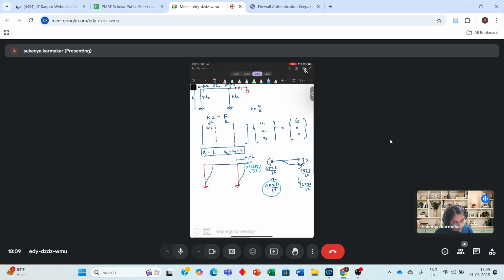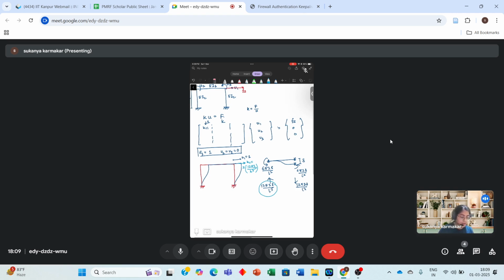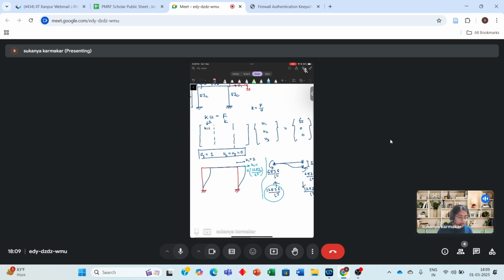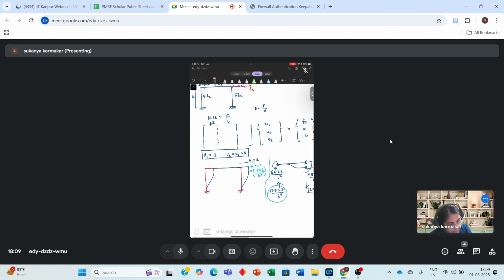K11 will be this because there are two columns, which is why we have a factor of 2. From the knowledge of the fixed beam, I just used it here, and we get the first term to be 24 EIc by h cube.